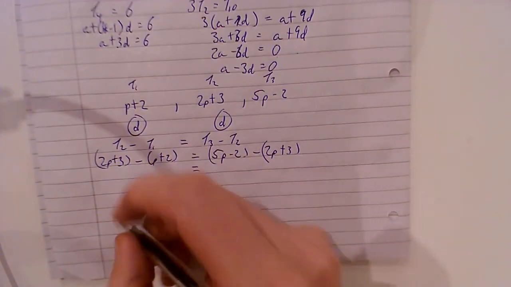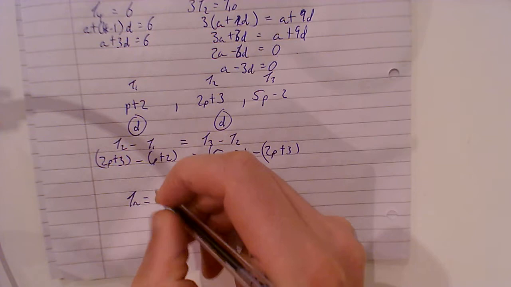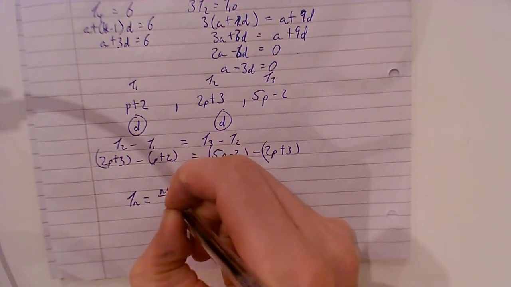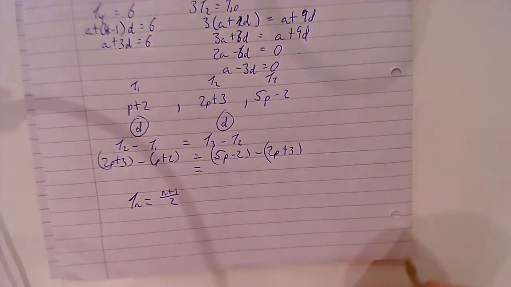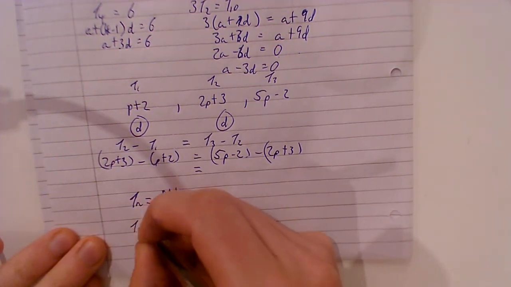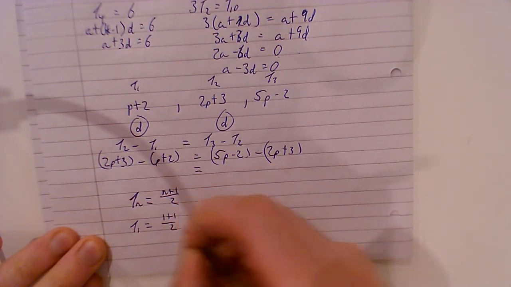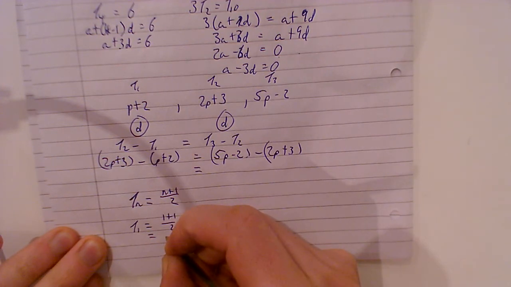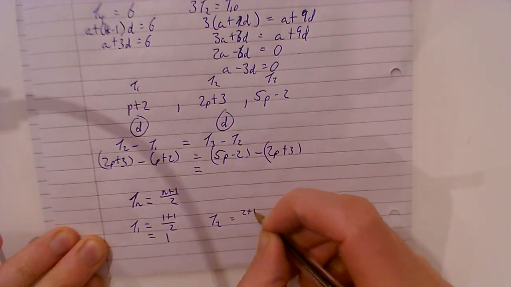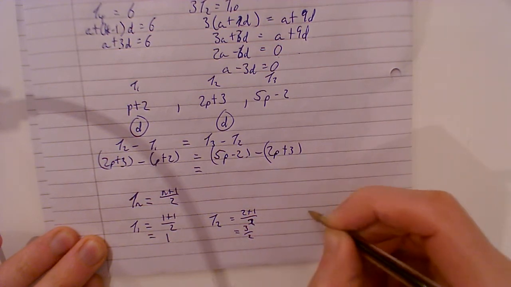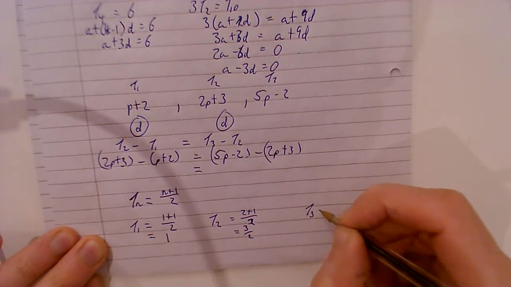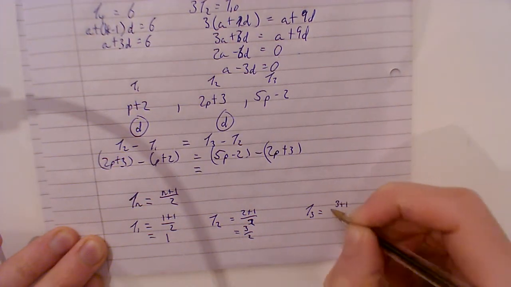Now, the last one is if they give you something like t n equals n plus 1 over 2. Okay? And it says determine if this sequence is arithmetic or not. Well, t1 is 1 plus 1 over 2. t2 is 2 plus 1 over 2, so that's 3 over 2. t3 is 3 plus 1 over 2.